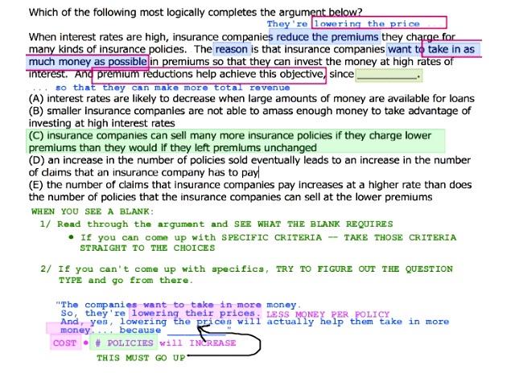In order to answer this question, what does one need to know? And no, you don't. You just have to understand some really basic math, because the words in the passage say that the only thing you have to understand is that cost times how many policies you sell is your total intake. That's it.